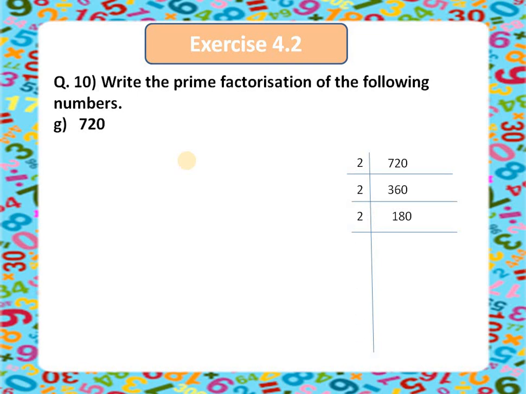We will take it 2 times, 90. Then again you can take it to 45. We are going to write it down 45. Then we will take it 3 times. So 15. 3 again, 3 5s are 15. 5. Now it will be divisible by 5 only. So 1.